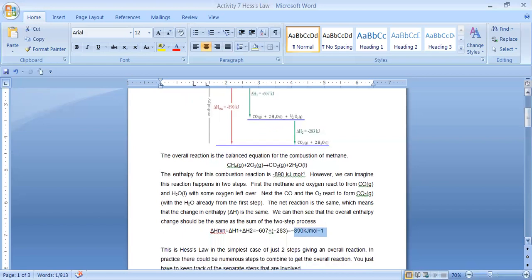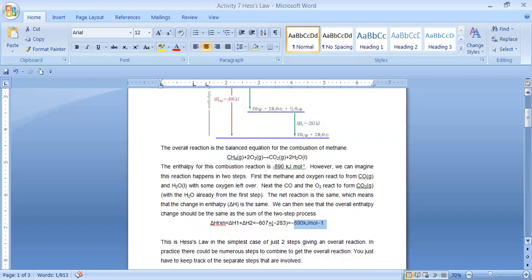So you have to remember, class, that Hess's law is not limited to just the sum of two reactions, but there are other reactions which can have two, three, or more steps, okay? So in practice, there could be numerous steps to combine to get the overall reaction. You just need to keep track of the separate steps that are involved.